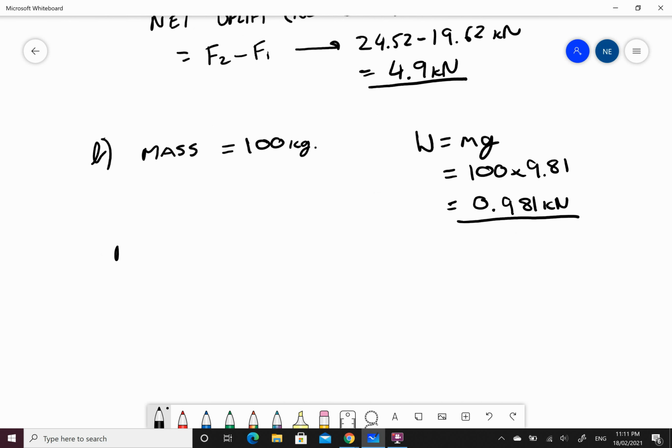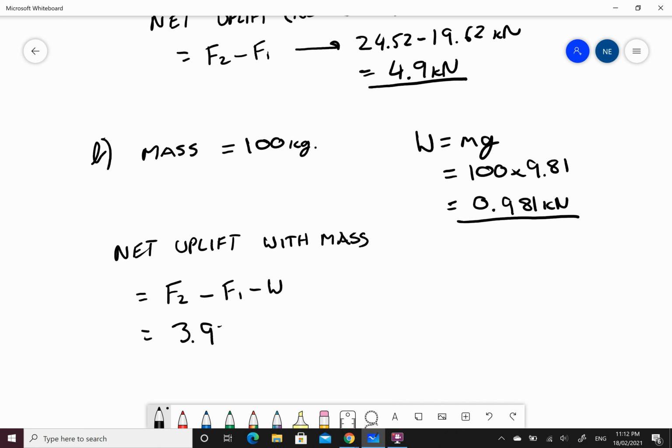So our net uplift, this is with the weight, so with mass, it's equal to F2 subtract F1 subtract W. And all of this equals 3.92 kilonewtons, which makes sense.